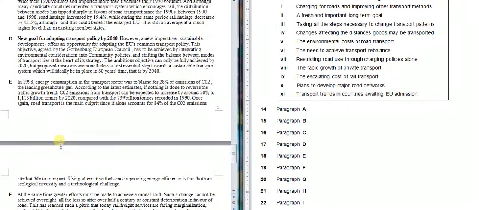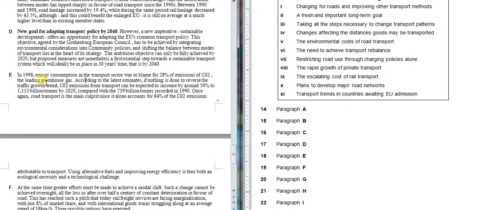All right. E, 1998. It looks like we're not really starting with a topic sentence, but we do get our idea here, which is greenhouse gas, CO2 emissions. Looks like a lot about CO2 emissions.